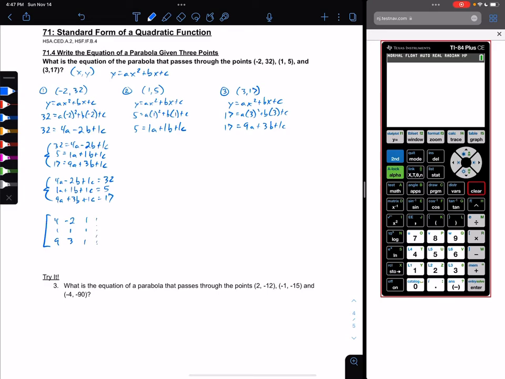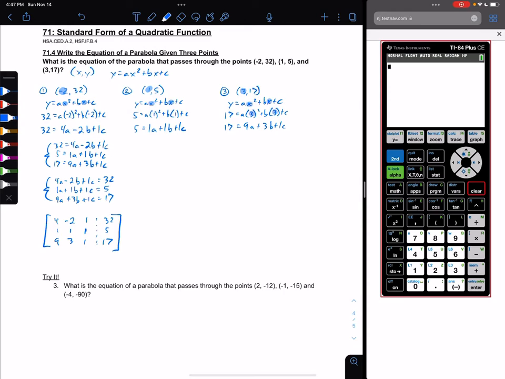So we'll create that augmented matrix. These are ones. I know they don't look it. So I now have this augmented matrix with rows 4, -2, 1, 32; 1, 1, 1, 5; and 9, 3, 1, 17. So once again, to get that, what I did was take my x values from each coordinate point and plug them into my standard form.